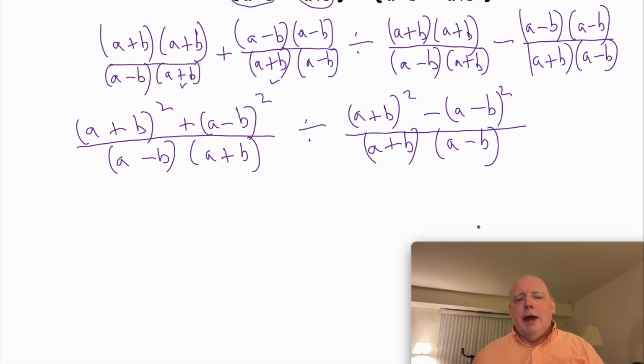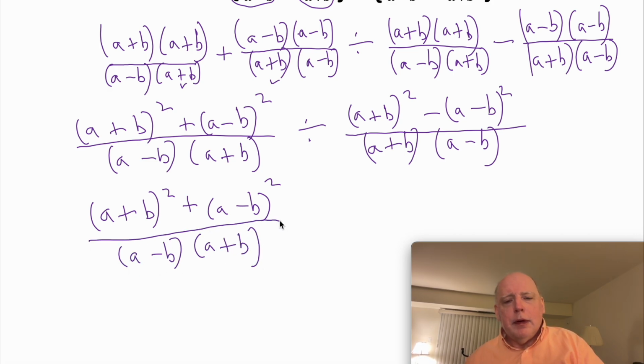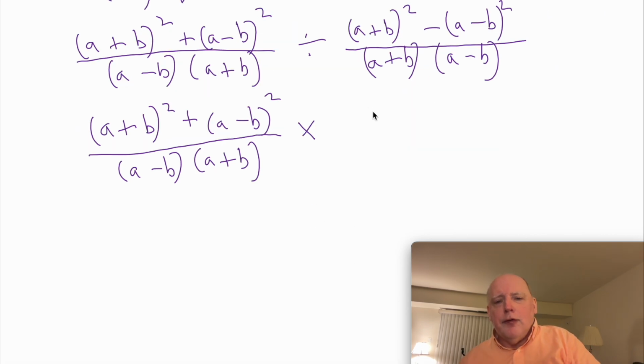So now we're dividing a fraction by a fraction. You keep the first one, you flip the second one, and you turn it into a multiplication. So it's a plus b squared. We're going to keep the first one over, and now it's times, and we're going to flip it.